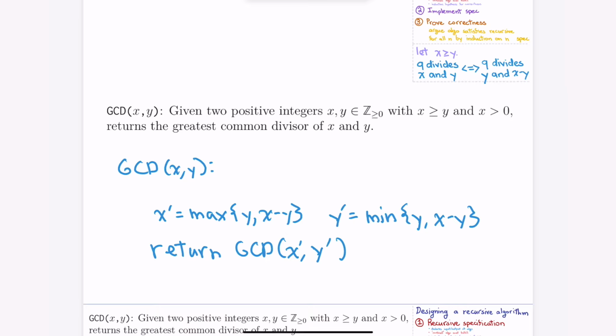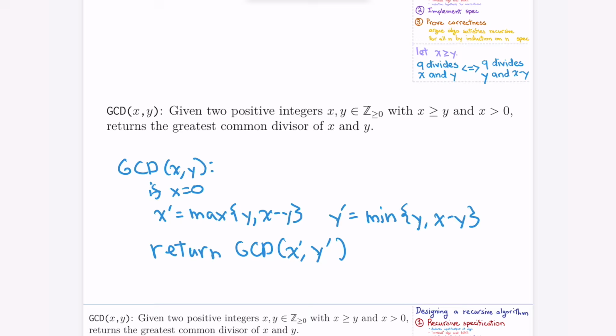Okay. We're missing one thing. We will do that in a moment. We need some base case. What's a reasonable base case? When x equals 0, return. Okay, so if x is equal to 0, return what?